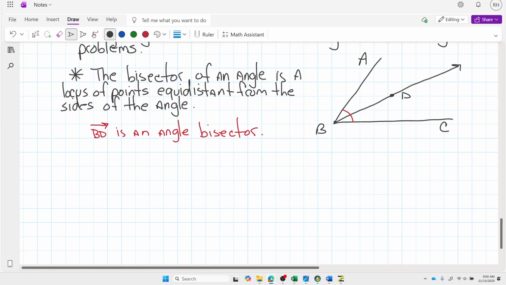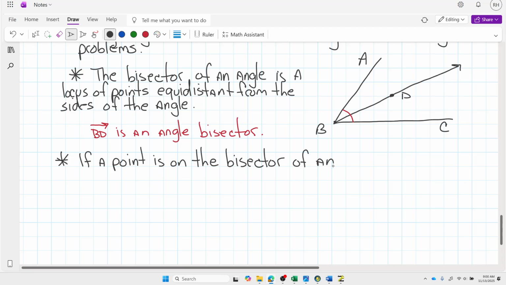What the theorem states is that if a point is on the bisector of an angle, then it is equal distance from the sides of the angle.